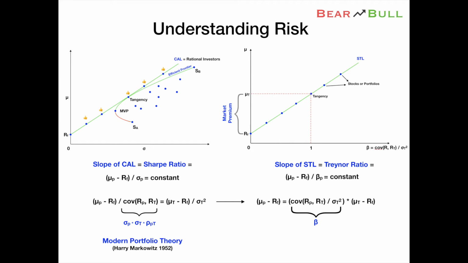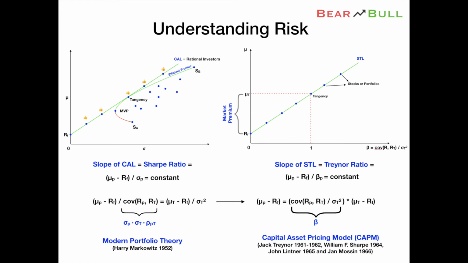If we find assets in the market that are delivering higher returns than expected, meaning they're here above the security tangent line, they're probably undervalued. There's an additional return that we would gain by investing in it. Whereas assets that deliver a lower return than expected here below the security tangent line are probably overvalued and not delivering enough return for their risk.